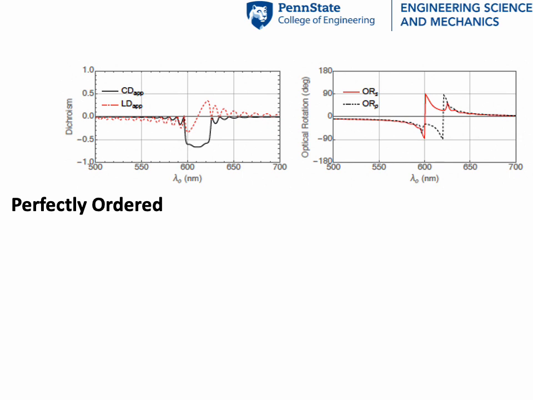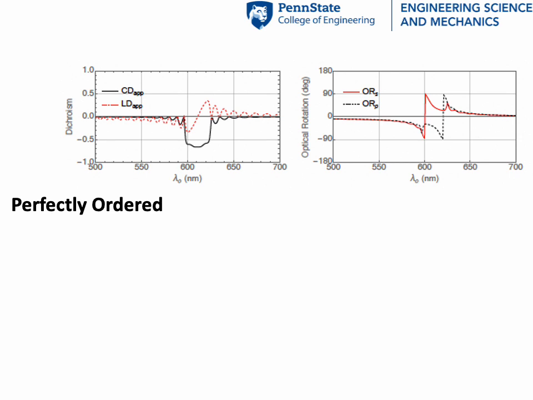Next, please look at the spectrums of apparent dichroisms on the left and optical rotations on the right. Apparent circular dichroism is the difference in the total transmittances of incident left circularly polarized light and incident right circularly polarized light. Apparent linear dichroism is the difference in the total transmittances of S polarized light and incident P polarized light.